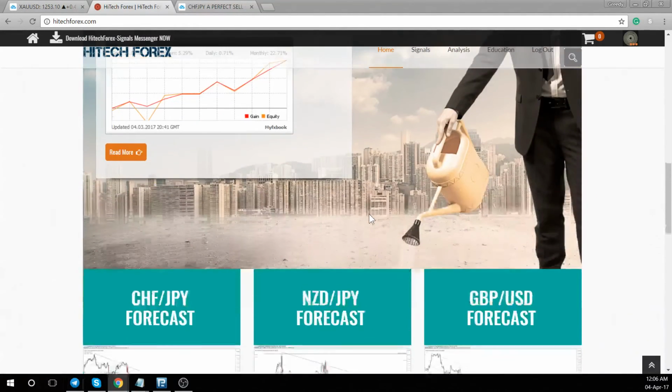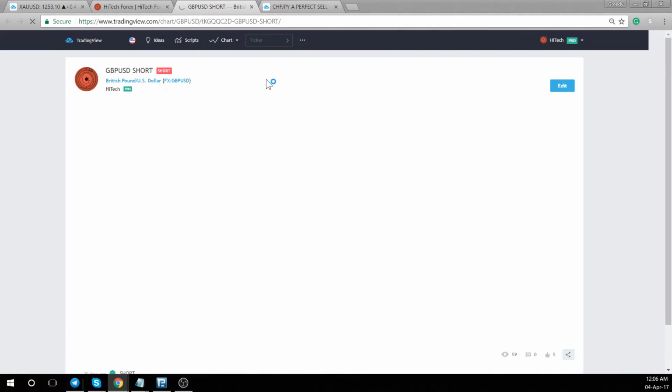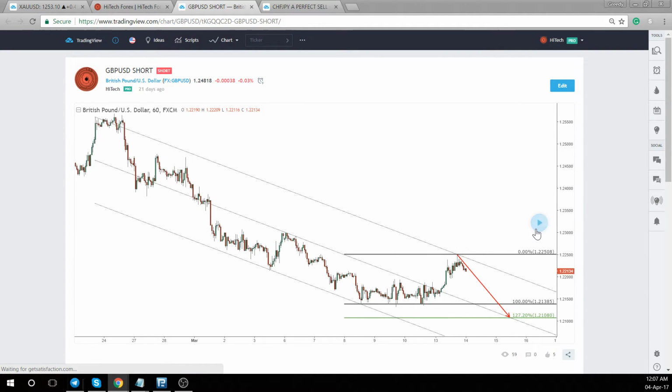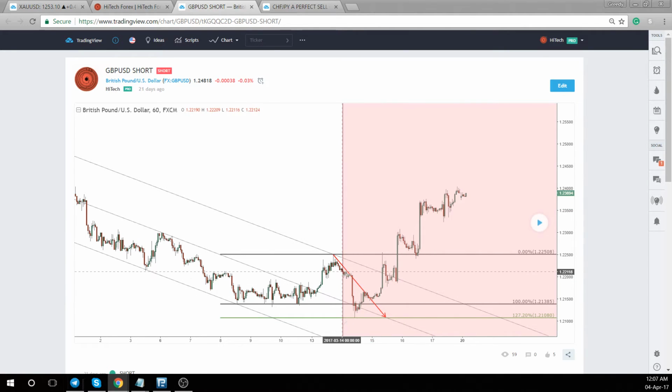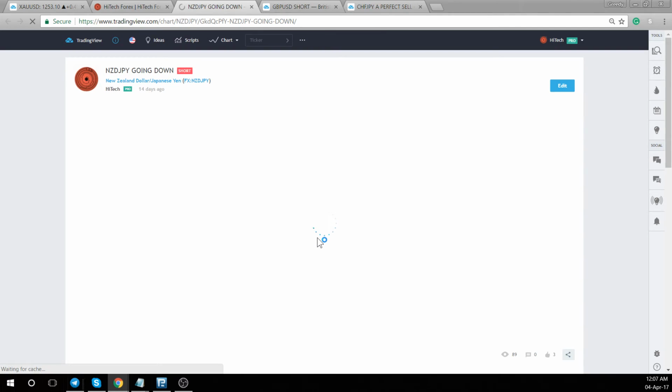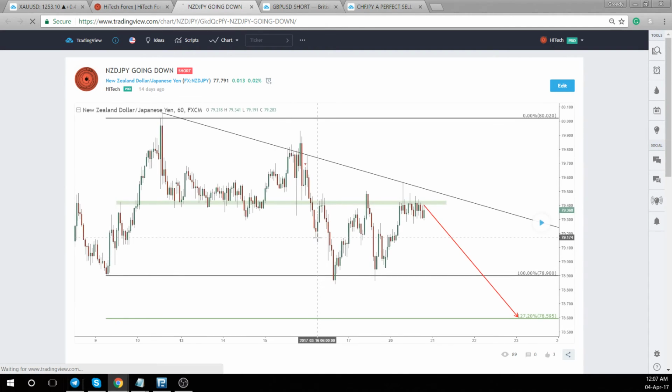Well, you can check it out. Cable also. We had a short here. It was pretty fast. Target hit and reverse. So yeah, it worked. New Zealand, I think, took some time, but it did something very similar.